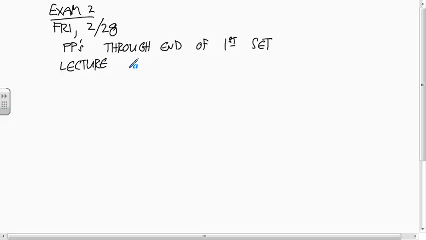So practice problems through the end of the first set, and the stuff in lecture through internal loads. Okay, and so the exam is going to be problems with internal loads, and the lecture quiz is going to be on the lecture material talking about internal loads.